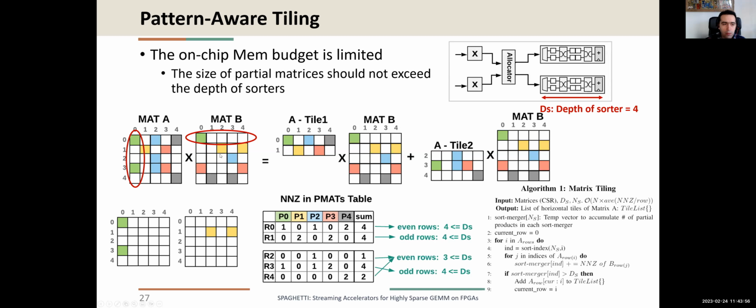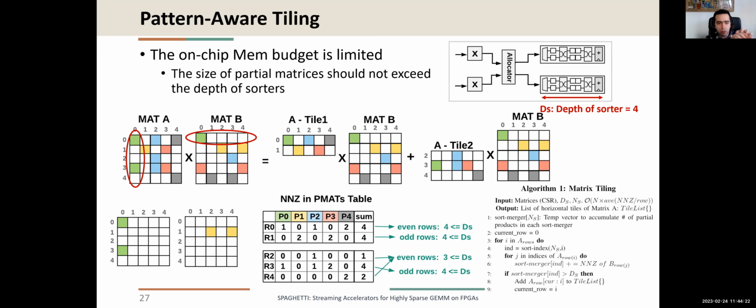For doing this multiplication, we can tile matrix A. We can split it into 2 horizontal tiles. The first tile has only 2 rows, R0 and R1. And then the next tile has the rest of the rows, R2, R3, R4. So we can easily split this multiplication into 2 rounds.